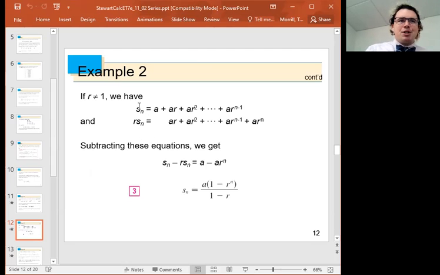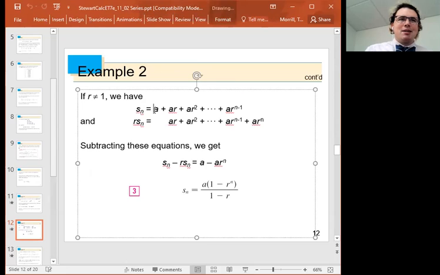So my partial sum stopping at n looks like A plus AR plus AR squared, and I will stop at AR to the n minus 1 power. Right, so I have n number of things on this list. Here is item number 1, here is item number 2, this must be item number n.